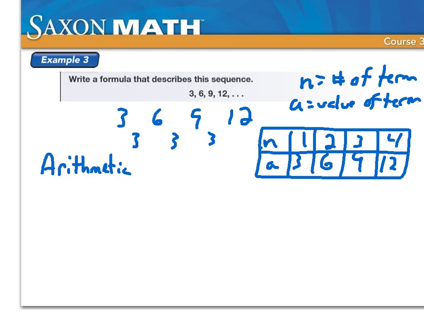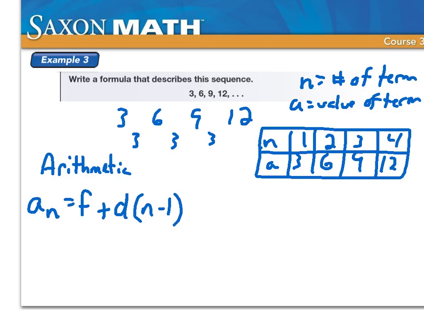An arithmetic sequence always follows the same formula. How we write this is the value of a certain term, because A means value and N is the number of the term, so the value of a certain numbered term is A sub N equals F plus D times N minus 1.